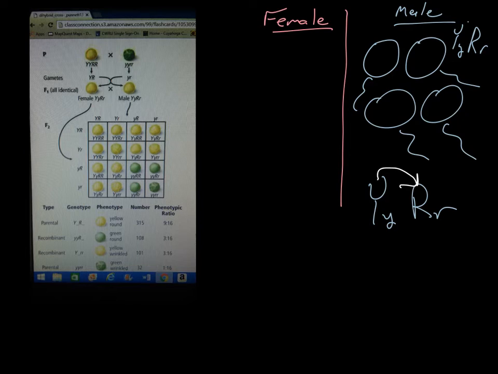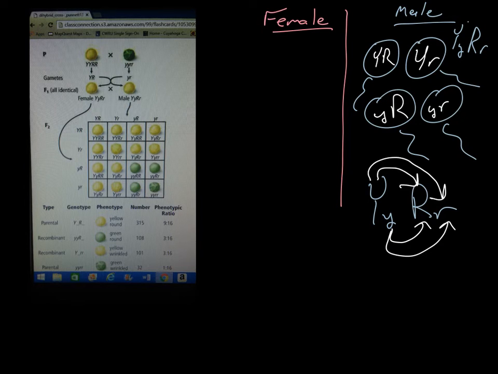So that's on this chromosome, big Y and big R. Then again, big Y could go with little r. But then little y could go with big R. And then little y could go with little r.